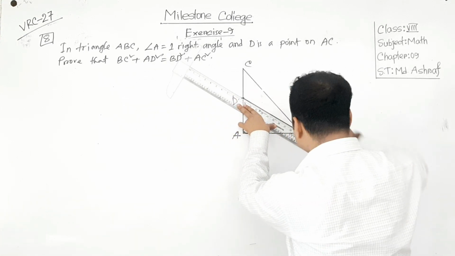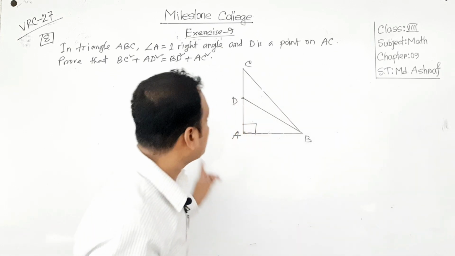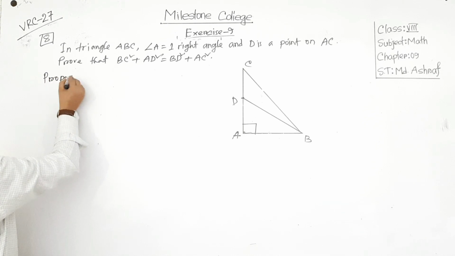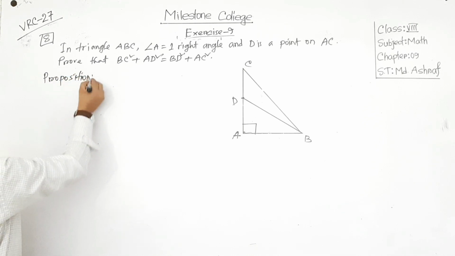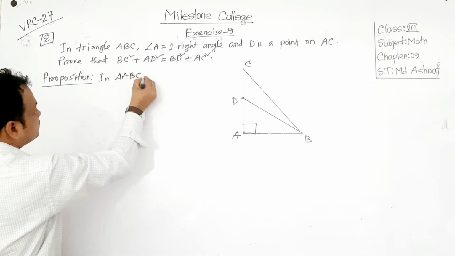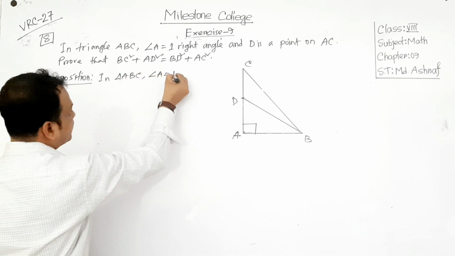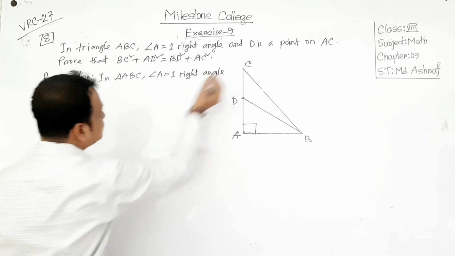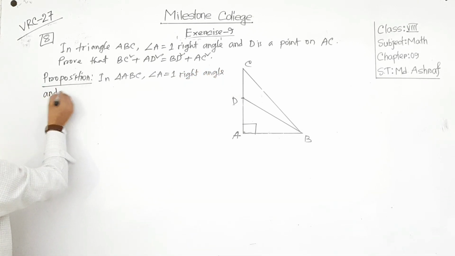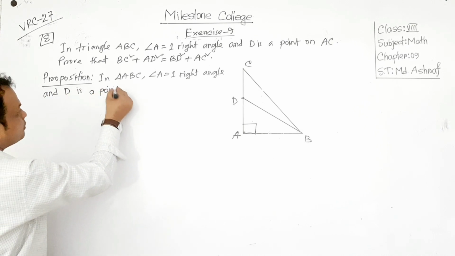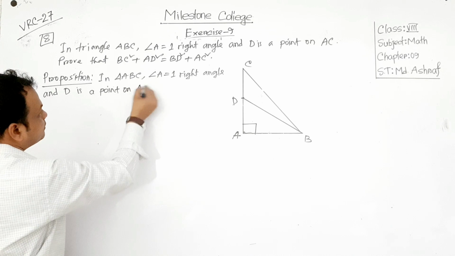This is the BD. We have joined this one. Now we will write the proposition. Proposition: in triangle ABC, angle A equals one right angle, and D is a point on AC.